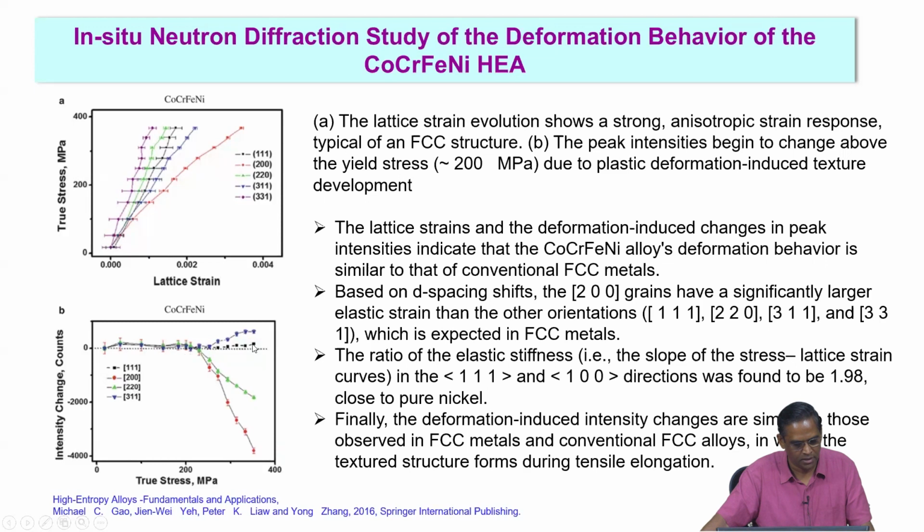But the other orientations are all the same. The deformation induced intensity changes are similar to those observed in FCC metals and conventional FCC alloys, in which a textured structure forms during tensile elongation, right?